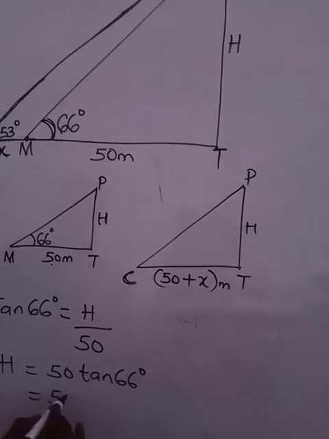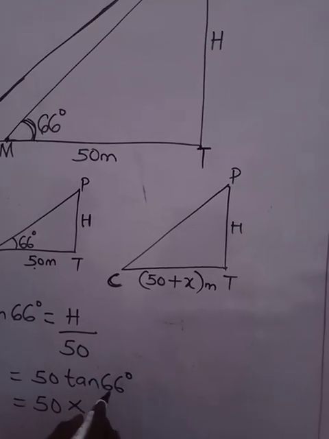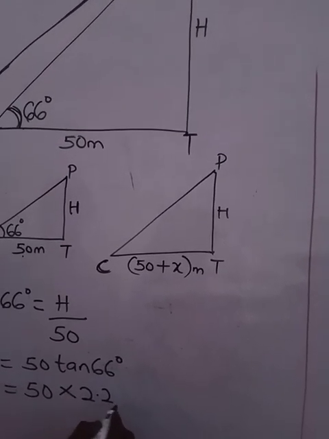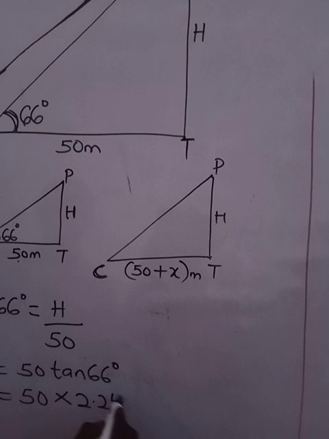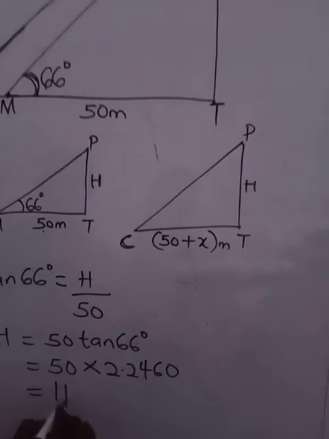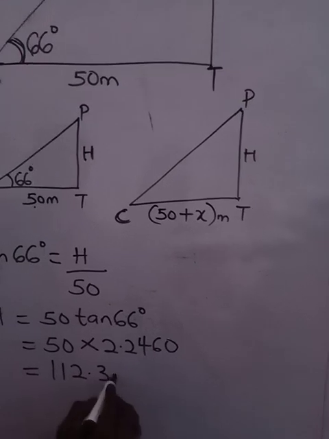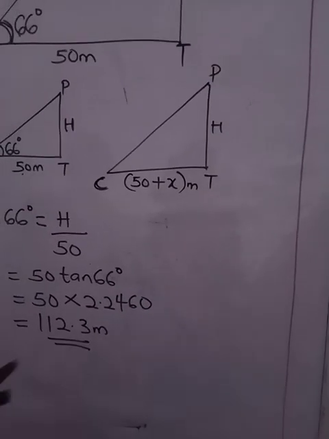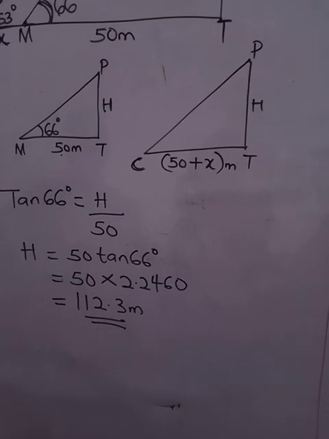And that's 50 times tan 66. If you press that, that will give you 2.2460. And if you multiply this, you will get the height will be 112.3 meters. Now we have to calculate it in one decimal place. That's why we have left it this way.